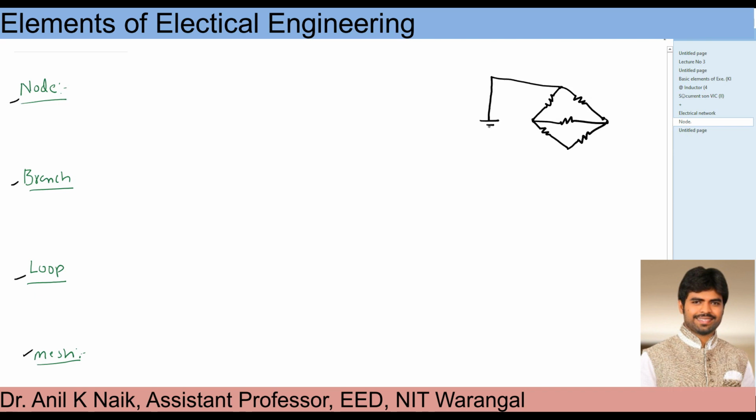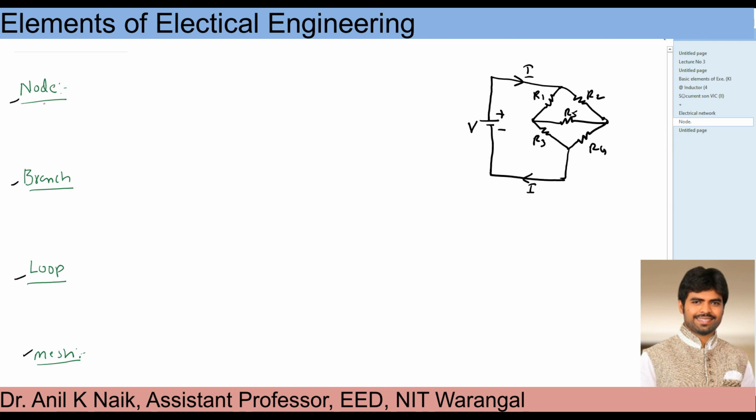Let us consider the Wheatstone bridge network with V, R1, R2, R3, R4 and R5. The current I is flowing in this circuit, coming back through this particular source. Now I want to define what is the node.